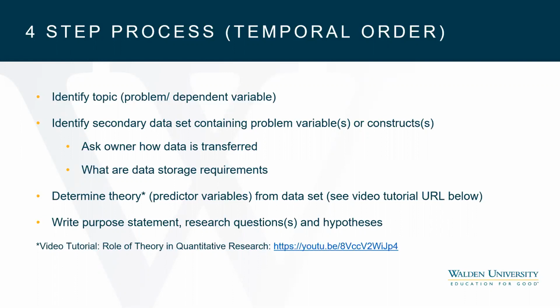The dependent variable is that problem variable, but both sides of the equation, the theory side containing the predictive variables, the dependent variable, everything has to be in that data set. So you can see now the problem with an a priori research question, not knowing if you're going to find a data set that aligns with what you're trying to do. That's a very critical 4-step process that you want to follow.